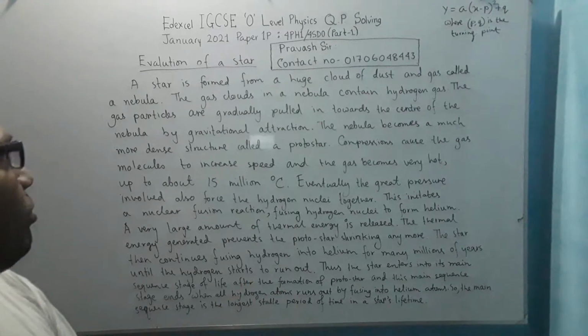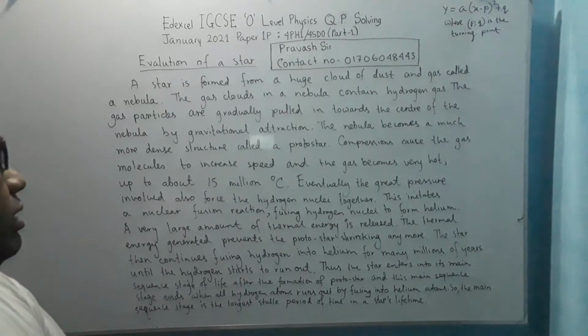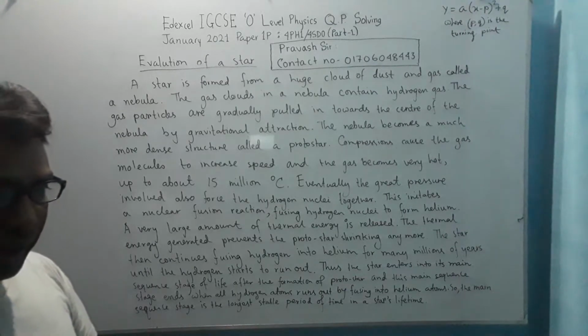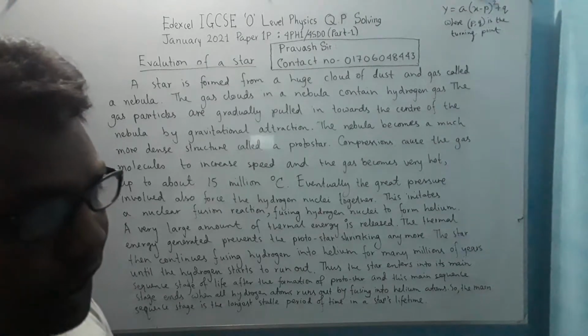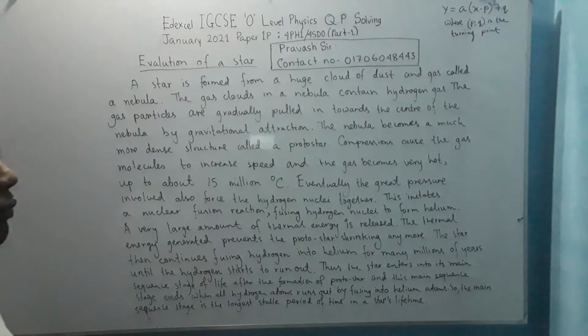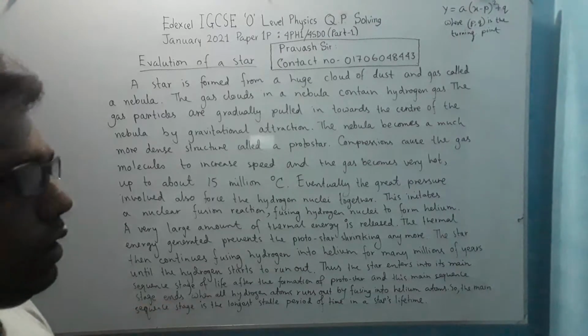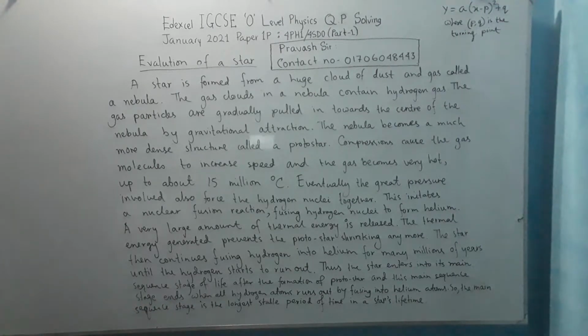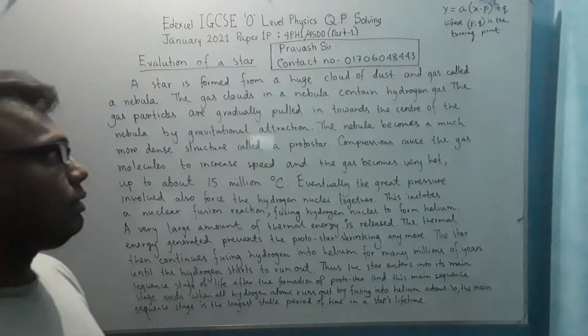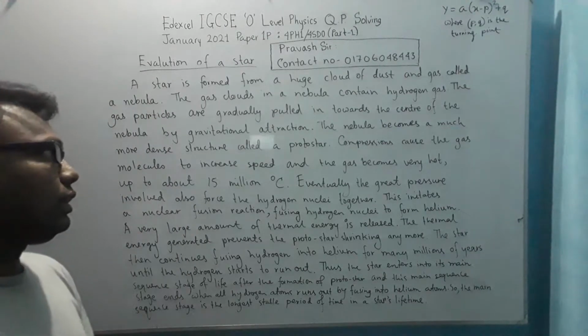The nebula becomes a much more dense structure called a protostar. So, the beginning of a star is the nebula, which is a combination of dust and gas particles, and the gas is hydrogen gas.